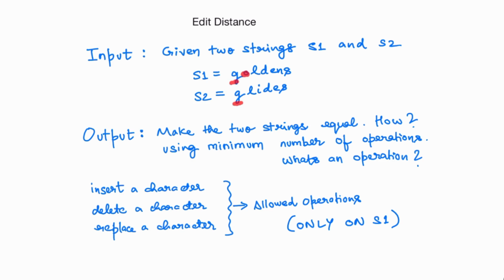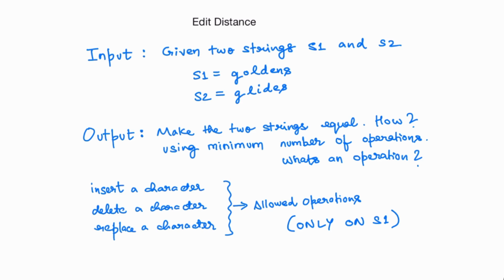This O, we can replace it with L. This L, we can replace with I. We can leave D as is. We can leave E as is. We can delete this N. And the string would then become equal to S2. So Glides, Glides. Now how many operations did we do here? We did 4 operations.